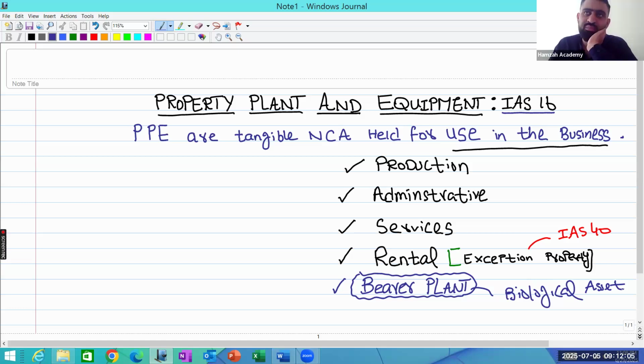Now the bearer plant means a plant which gives us production for more than a year, and we do not need to harvest that plant in order to get the product from the plant. If I give you the example of the bearer plant, apple tree is the bearer plant.